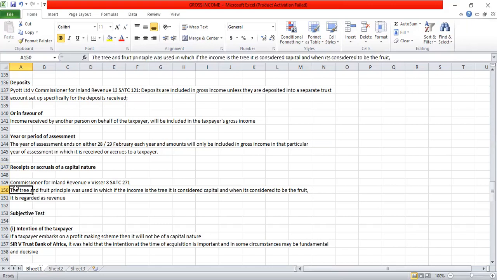In Commissioner for Inland Revenue versus Visser, 8 SATC 271, there was the tree and fruit principle, which was used, in which if the income is the tree, it is considered capital, and when it is considered to be fruit, it is regarded as revenue. Right. If you sell goods, that's what we call a fruit. It's money that you can use now. You can consume now the money that you are receiving.